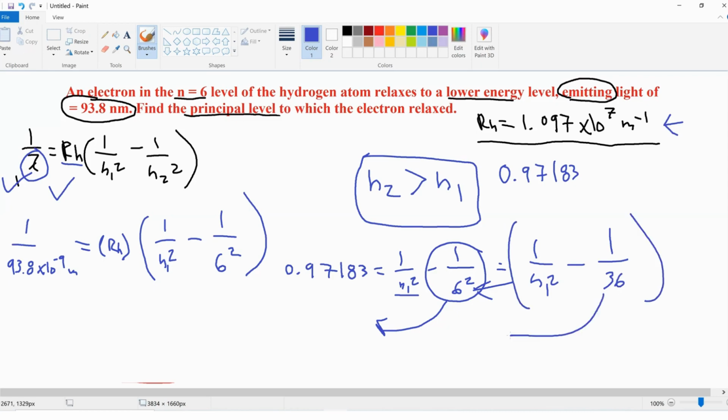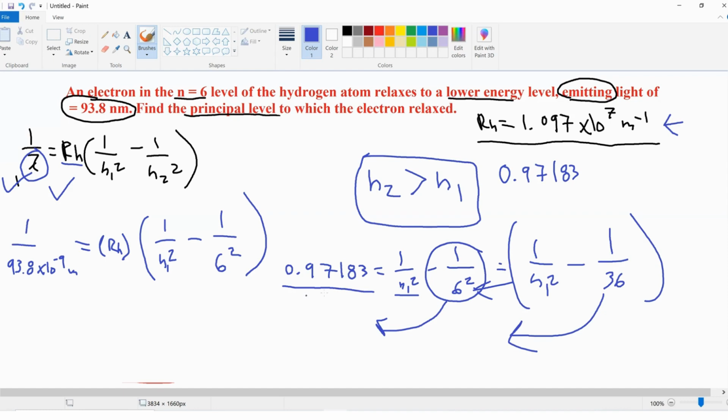So let's move this to the left side. So we store that. Perfect. 0.97. We subtract, so that's plus 1 over 36.